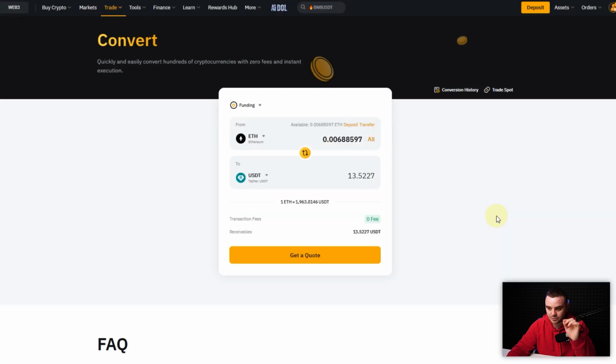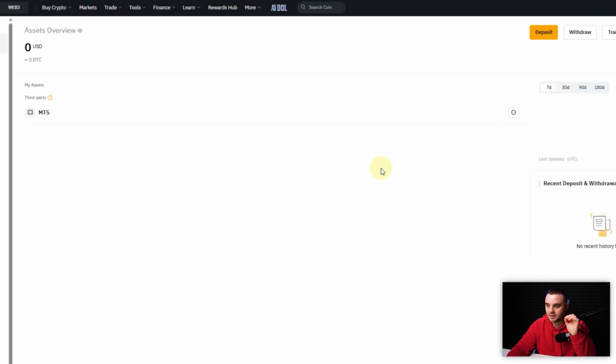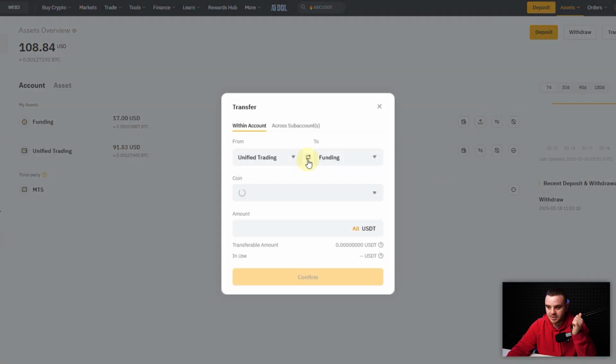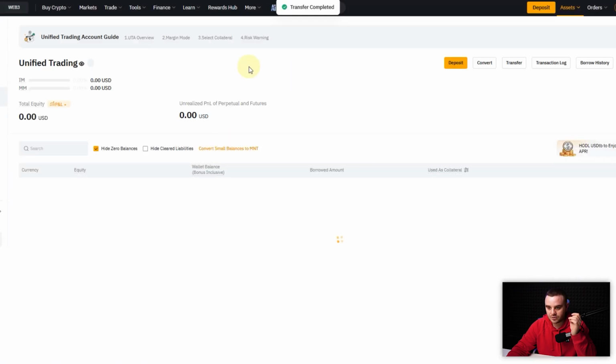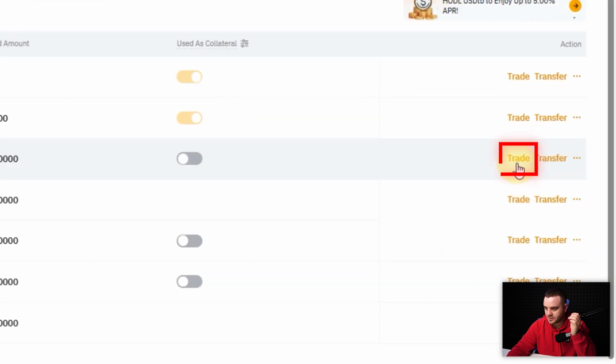That's why for you it is still way better to go back into your assets and transfer, because 1% is a lot, especially if you do it really often. From funding, you choose, for example, Ethereum, again, all coins, you transfer, and after that, when you go into your unified trading account, you simply press trade.